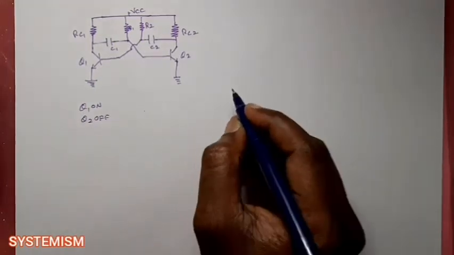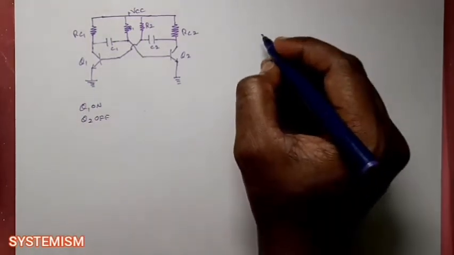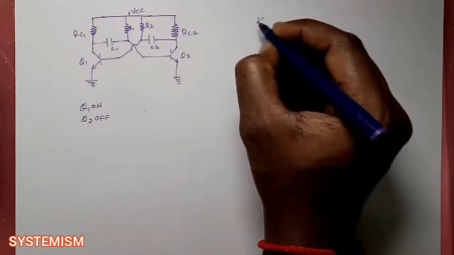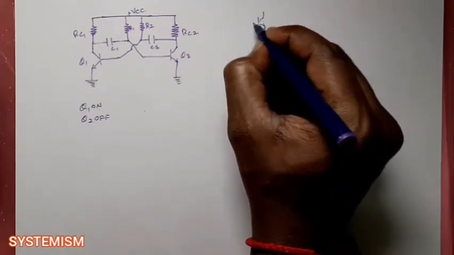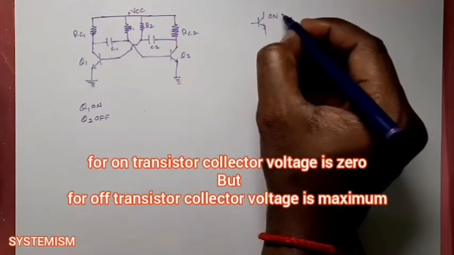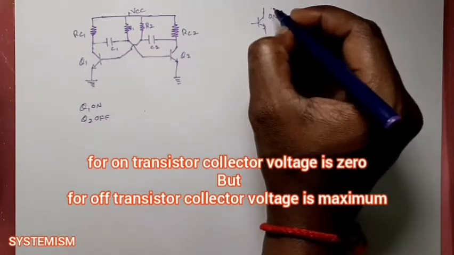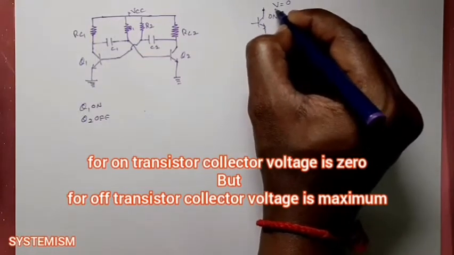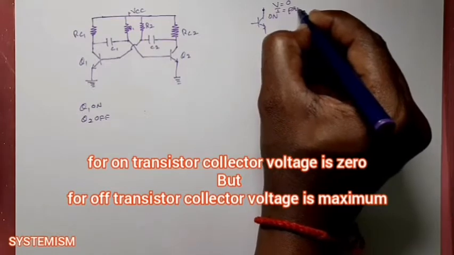So before that you need to know one important thing about a transistor. When a transistor is on, then in its collector there will be voltage equal to 0, and only the collector current will be present.